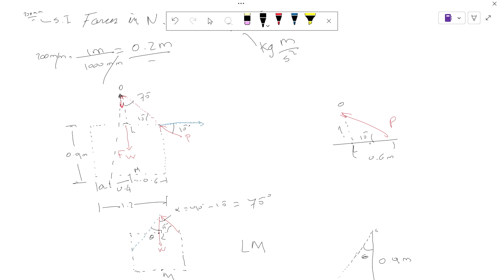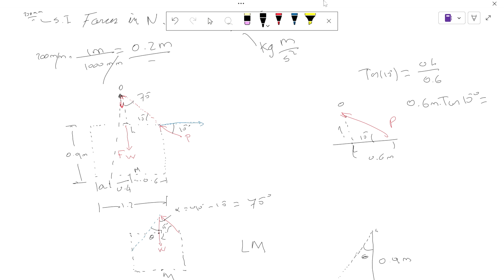We can find it pretty easy because we have this distance and that angle, so we can do either side, finding this hypotenuse, or if what we care about is this value, then we can do tangent, because this length with the angle of 15 gives us a tangent. So in other words, tangent of 15 degrees is equal to y, or in this case OL, divided by x, which is 0.6. So 0.6 meters times tangent of 15 degrees is equal to OL.